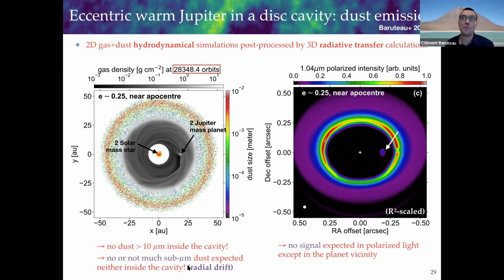And long story short, when we look at the synthetic map of the near-infrared scattered light emission, this is what you see on the right-hand side.